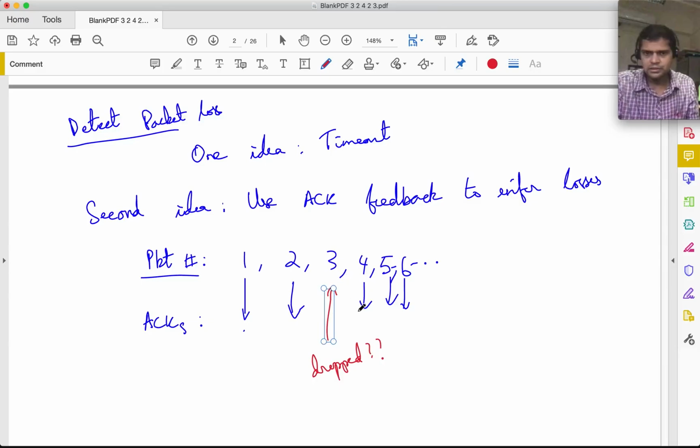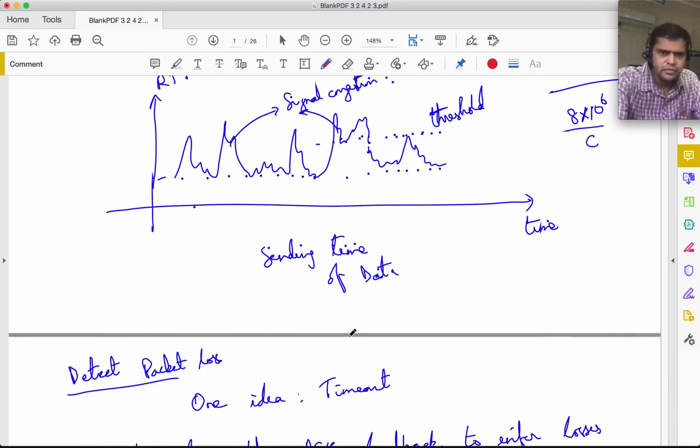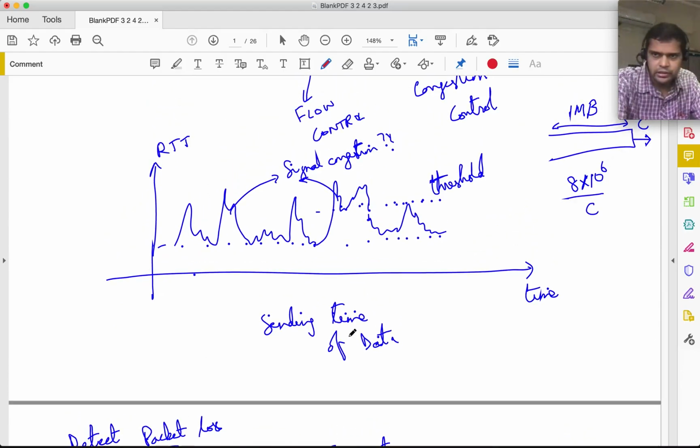Researchers have proposed some mechanism which has become the default, and we'll see how exactly they infer that a packet loss has occurred just from acknowledgements coming back. So these are two mechanisms: either you infer congestion from packet loss, or you infer congestion by looking at the queuing delays.